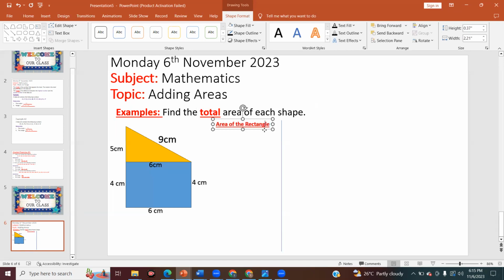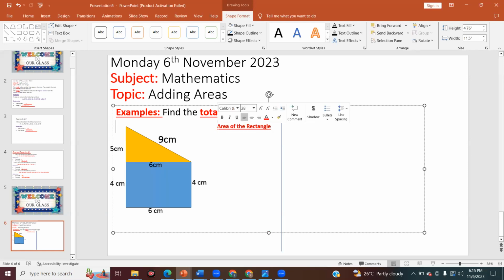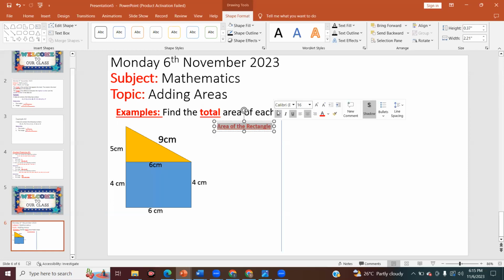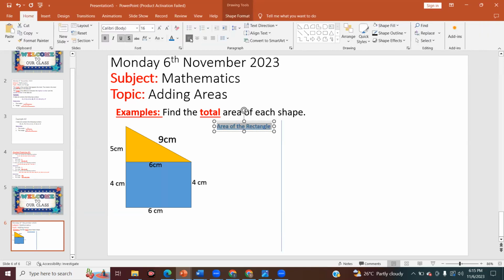So the area of the rectangle, since it's in blue, let's use blue, is going to be equal to length times what?